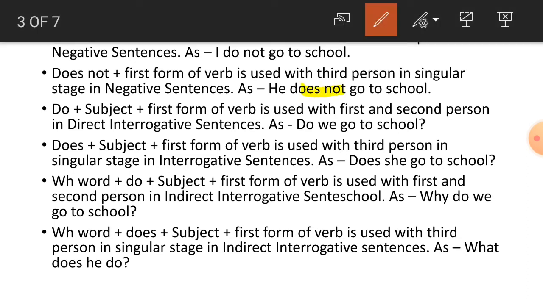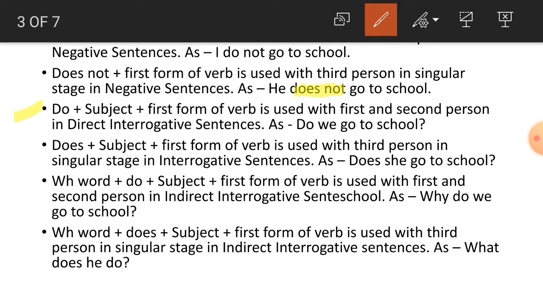I can show you does not. Next is this one, students. Do plus subject plus first form of verb is used with first and second person in direct interrogative sentences. Direct interrogative sentences, students, I mean to say, which sentences are started directly with a helping verb.